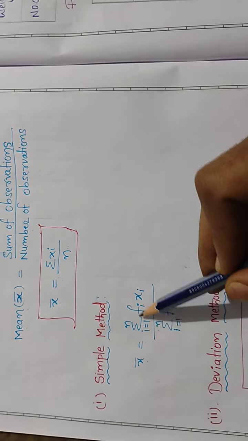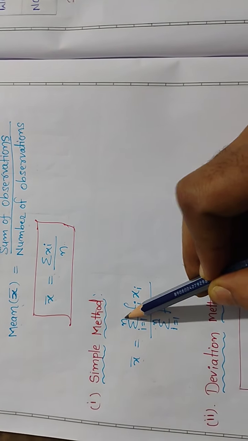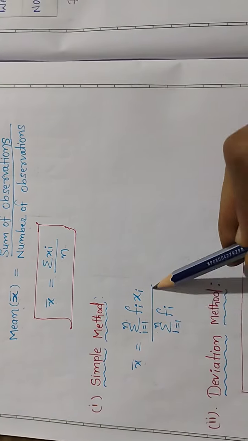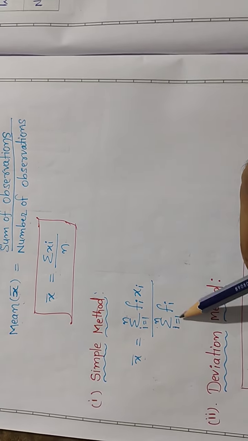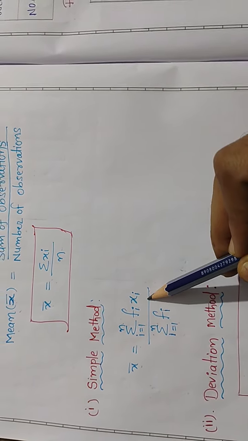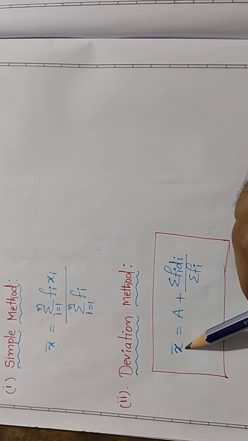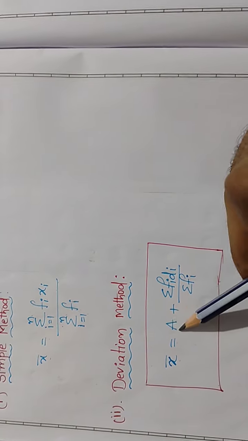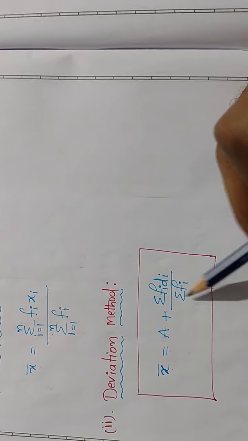Here i runs from 1 to n, so you take the sum from 1 to n, divided by sigma fi, the sum of the frequencies. In the deviation method, we have to assume one value as the mean, so x bar is equal to a plus sigma fi xi by sigma fi.